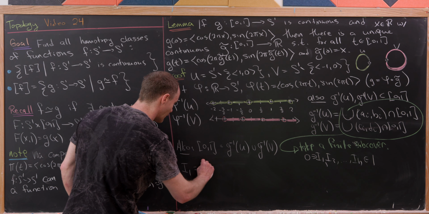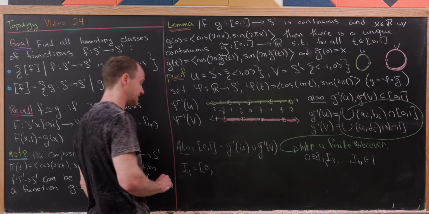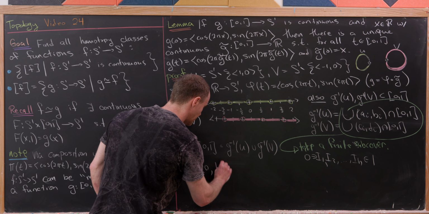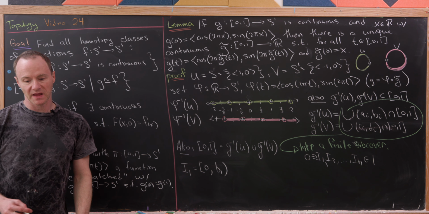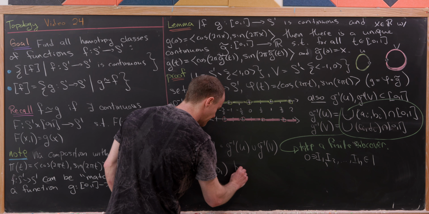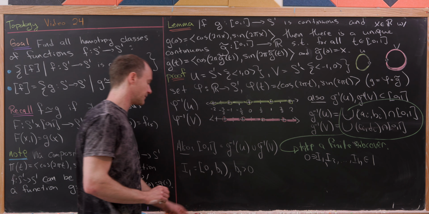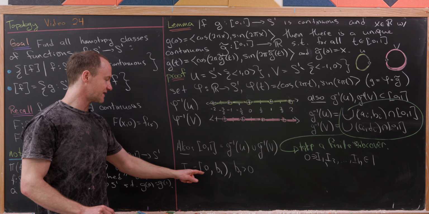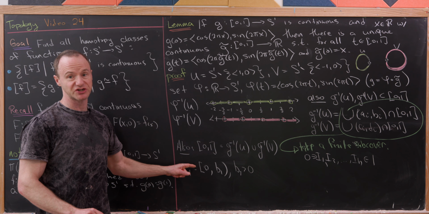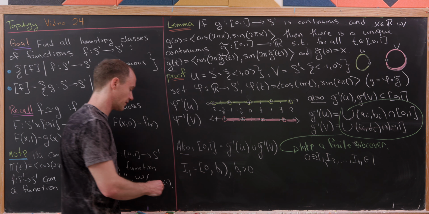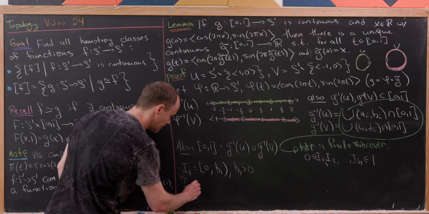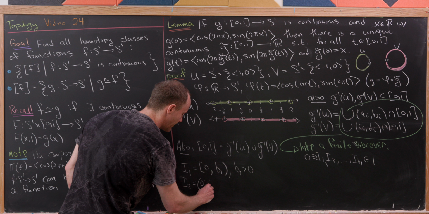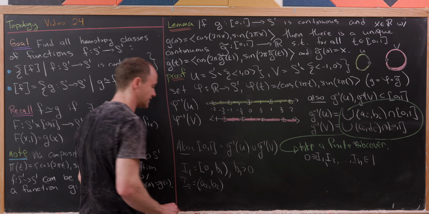So we'll take I1 to be the interval [0, b1), where b1 is bigger than 0. Again, this is something that is open in the subspace topology. And then I2 will be equal to (a2, b2).